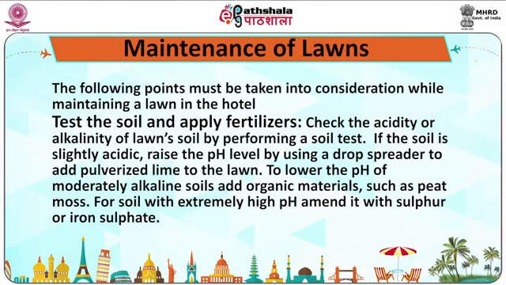If the soil is slightly acidic, raise the pH level by using a drop spreader to add pulverized lime to the lawn. To lower the pH of moderately alkaline soil, add organic materials such as peat moss. For soil with extremely high pH, amend it with sulfur or iron sulfate.